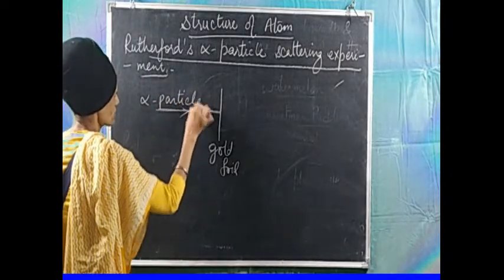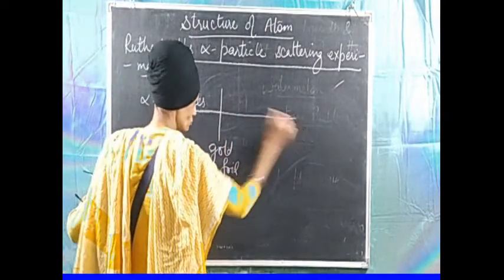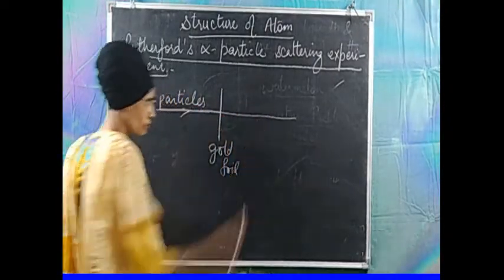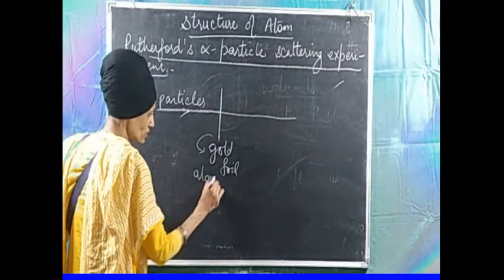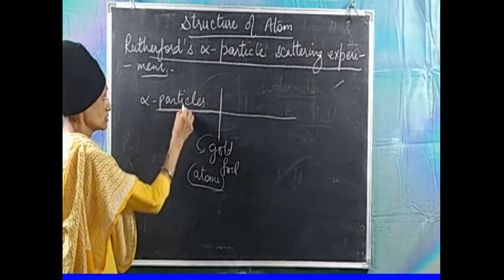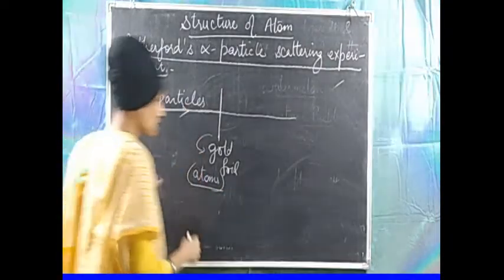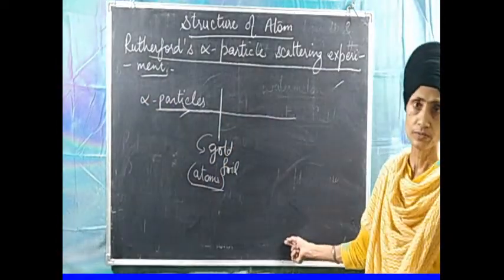What he observed was that most of the alpha particles passed straight through the gold foil. You know that this gold foil is further made up of atoms of gold, and it was amazing that alpha particles passed through it.